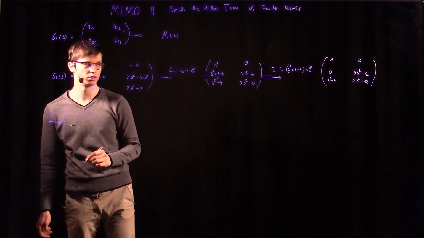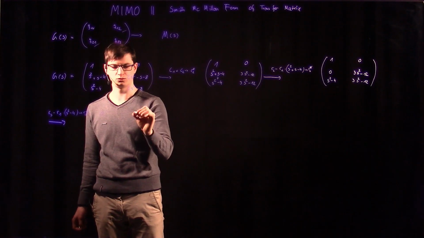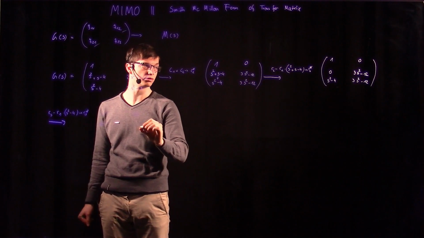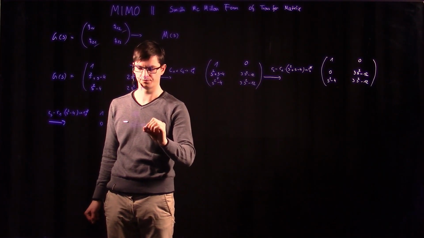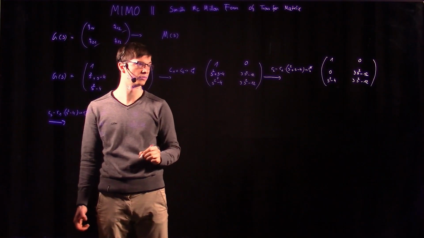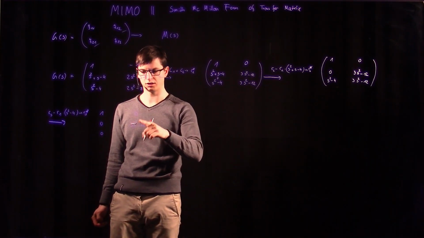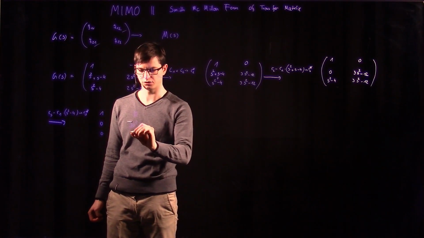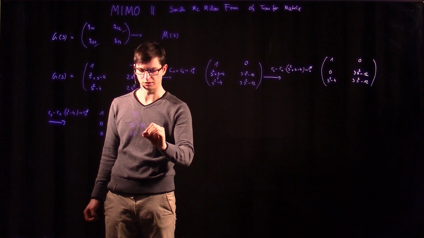What we get is 1, 0, 0, 3s squared minus 12, then 0, that's what we want. In this part no change will happen, so it's still 3s squared minus 12.